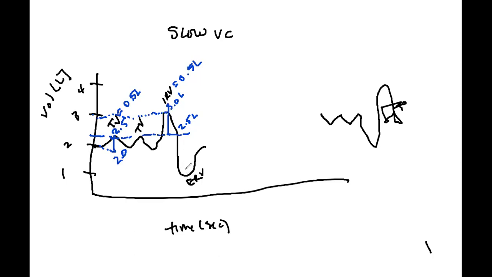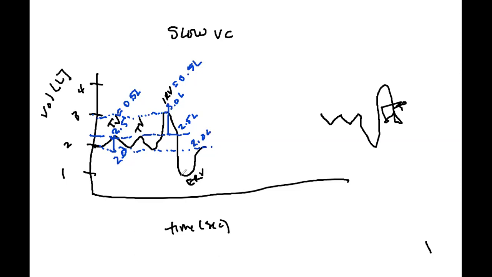How would you calculate your ERV? Your expiratory reserve volume is the amount of air that you can exhale past normal exhalation. Normal exhalation was measured in your tidal volume. So we're going to extrapolate this over. Normal exhalation is 2.0 liters.